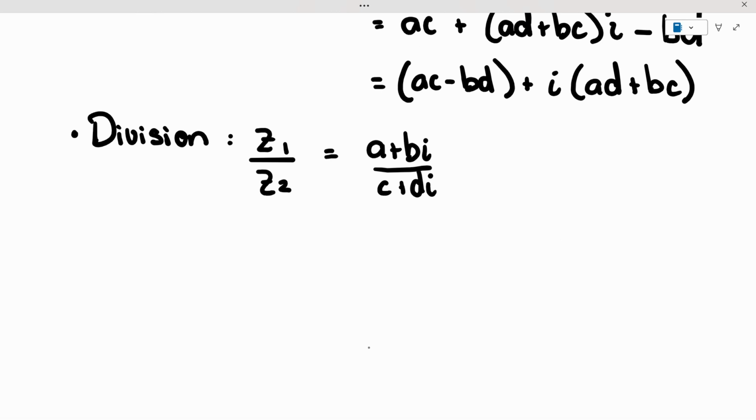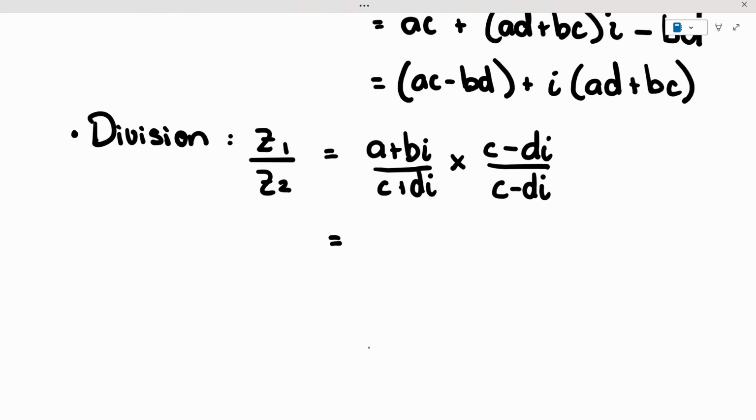And we rationalize, just like when you had surds, by the complex conjugate. So we're going to multiply by c minus di over c minus di. This doesn't change the value because c minus di over c minus di is just 1. So it doesn't change the value, but it will change the form.